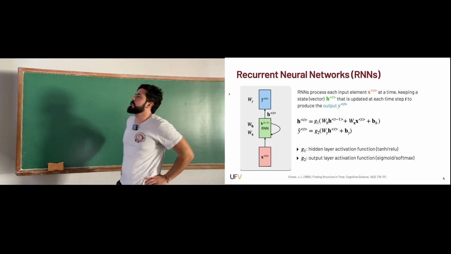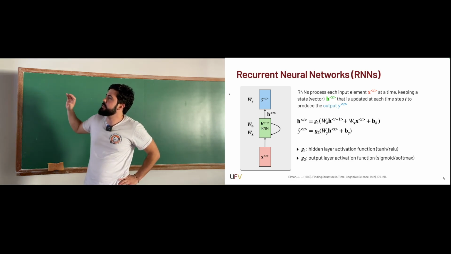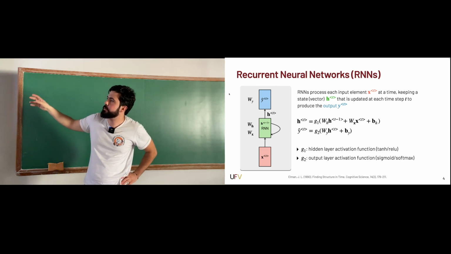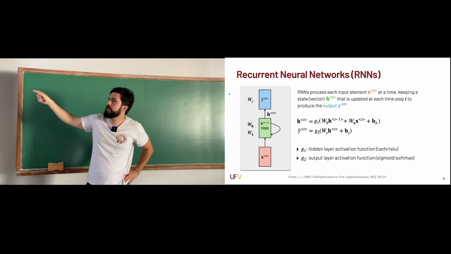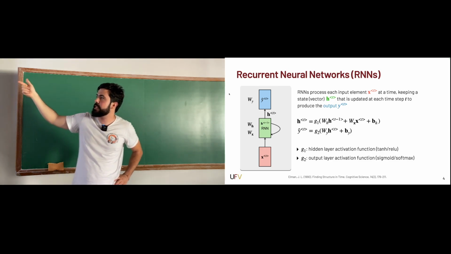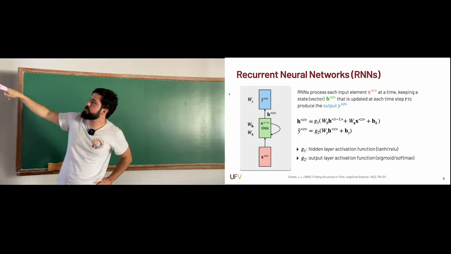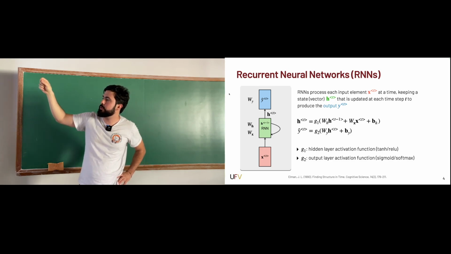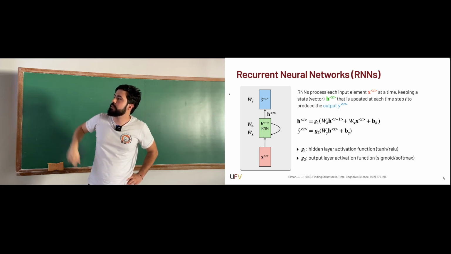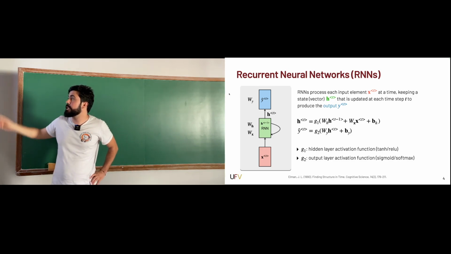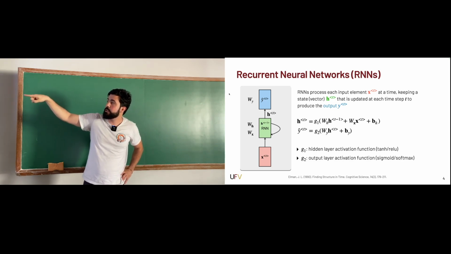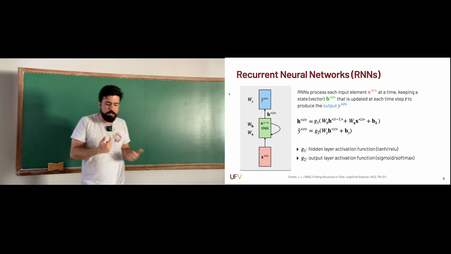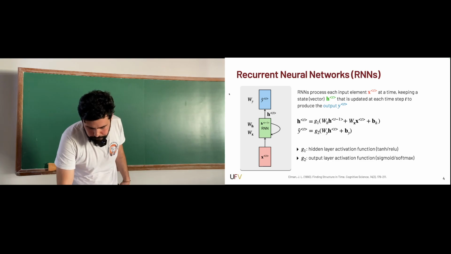So last time we were talking about RNNs, and this is the forward pass of the RNN, right? We define it by these two equations. We first update our hidden state h_t, using two matrices, W_x and W_h. Then we use the hidden state vector h_t to produce an output for each time step t, okay?